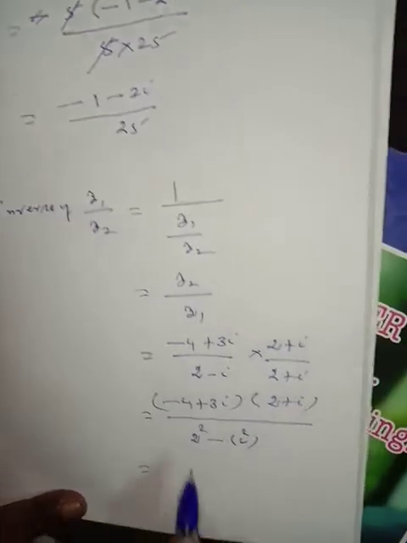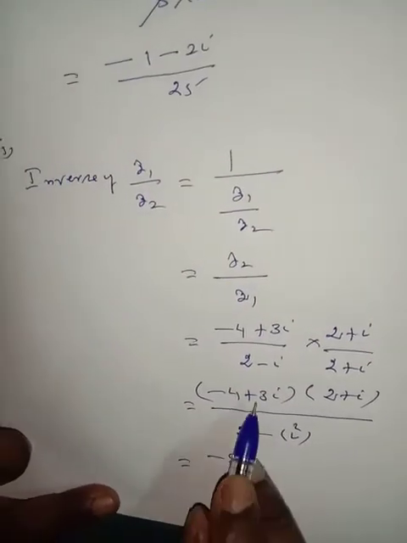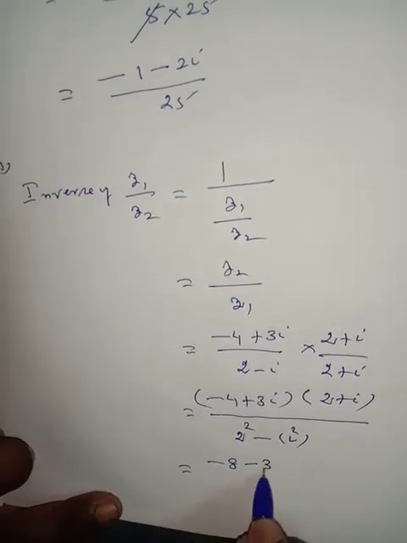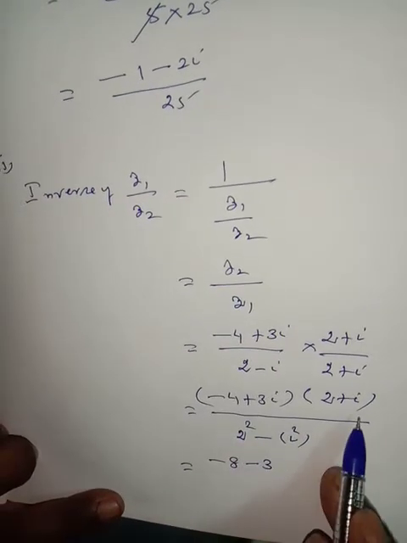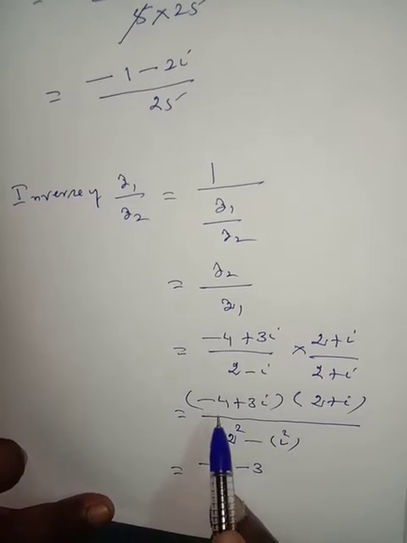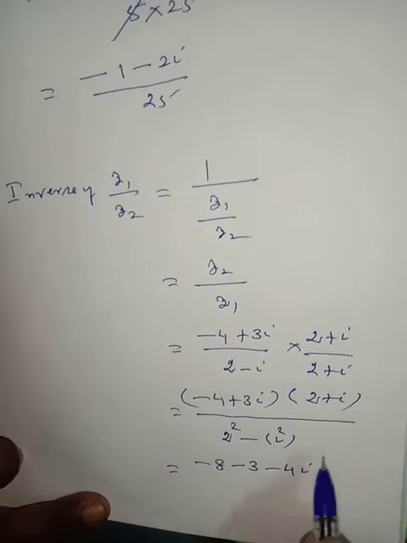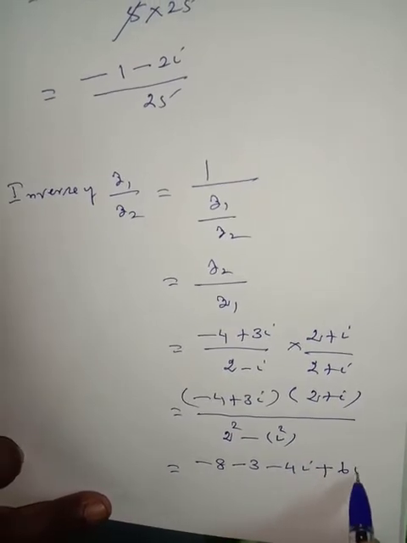This means multiply: first times first is minus 8, last times last is minus 3 i square, and i square is minus 1, therefore plus 3. Next, first and last is minus 4i, second and first is plus 6i.